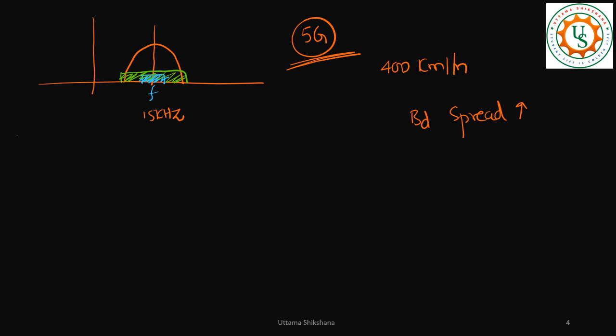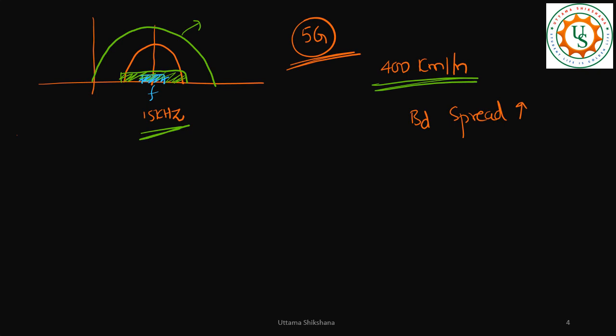Then 15 kilohertz will not be sufficient to cater to this high Doppler spread, and you will have severe bit error rates. So for higher speed we need a subcarrier spacing much larger than the Doppler spread we are going to support. That's why we have even higher subcarrier spacings. That is another reason.